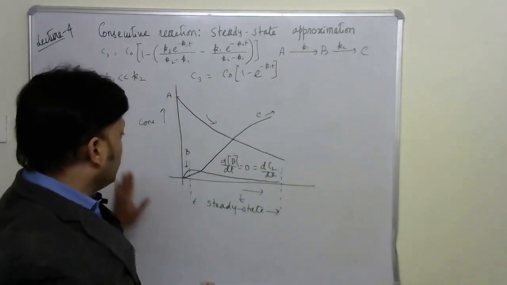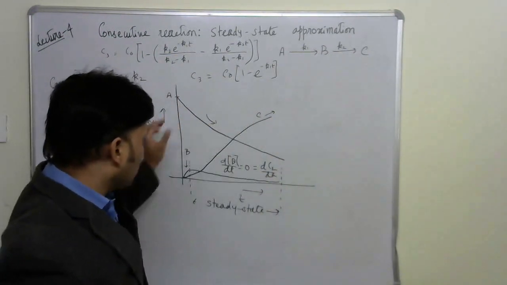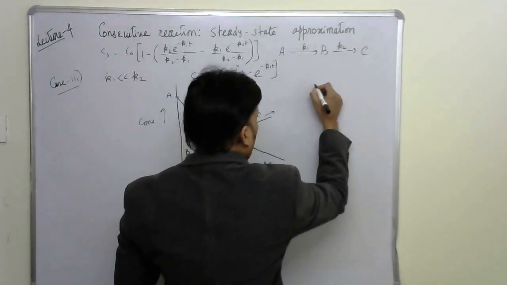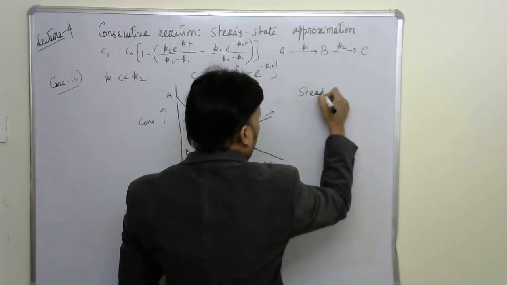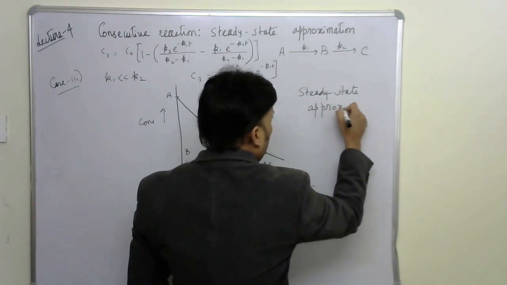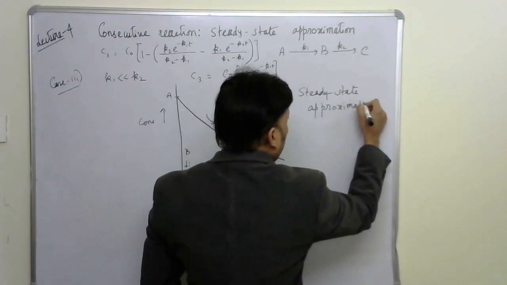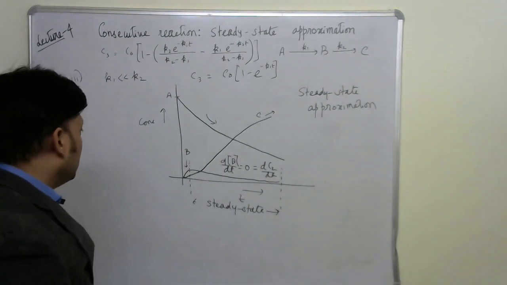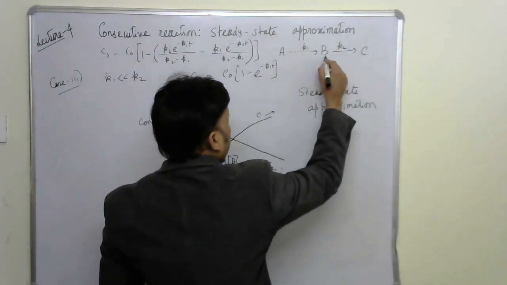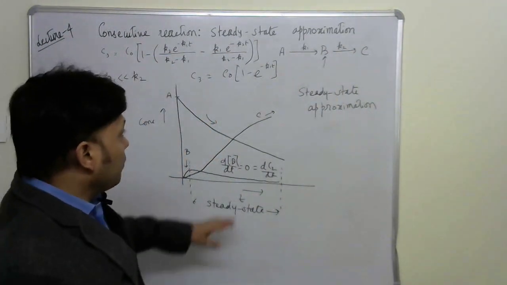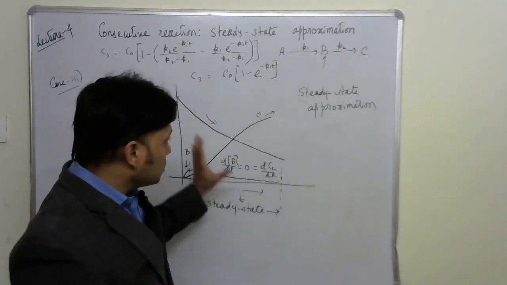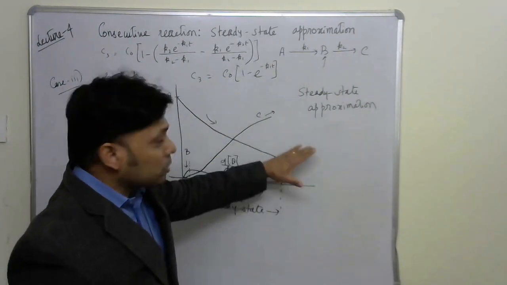Now, there has been a huge implication of this concept of steady state, because we can apply an approximation. This is called the steady state approximation. So what's that approximation? The approximation tells me that whenever we have an intermediate, so here B is an intermediate, then on that intermediate it is possible to apply the approximation of steady state.